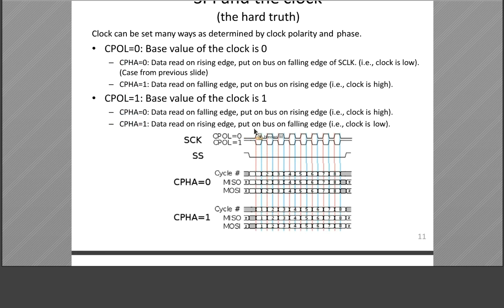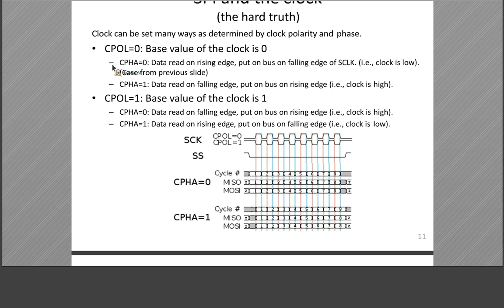Here CPOL is 0. By default it is 0, then goes high. Okay. CPOL is 1: by default it is 1, then goes to 0. That's right. The first one, CPOL, clock polarity, is 0. The base value of the clock is 0. Okay, normally it's 0.